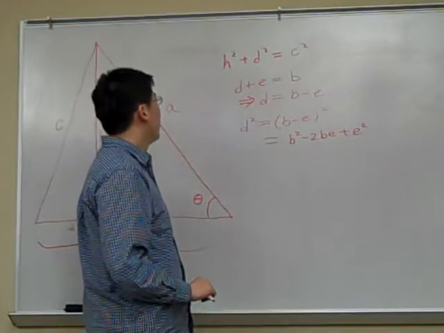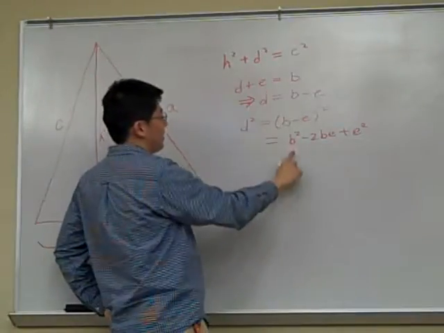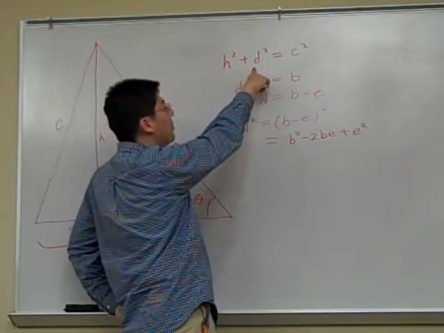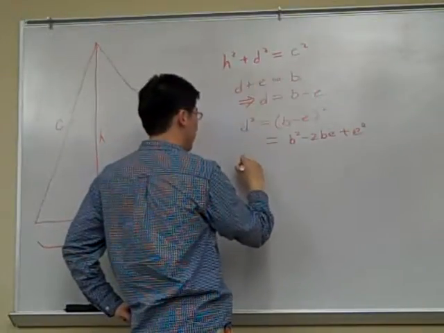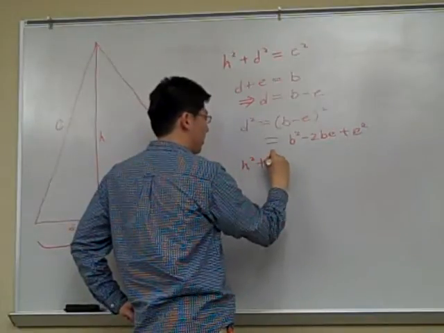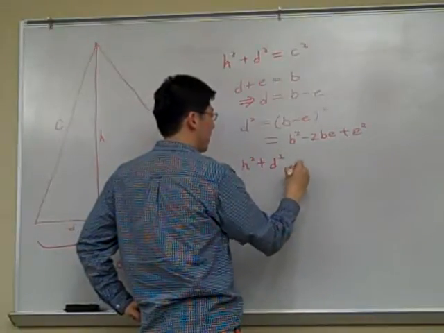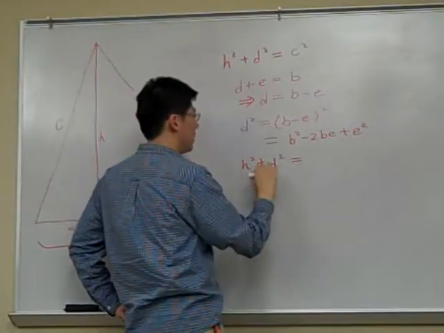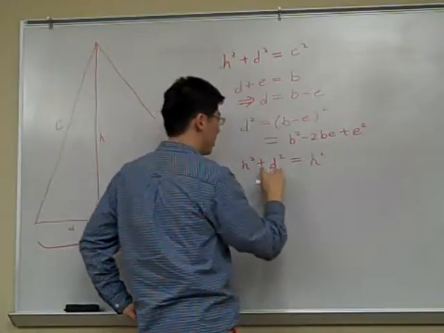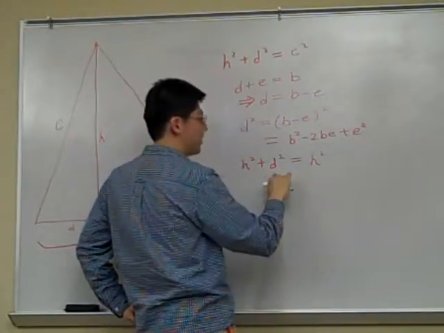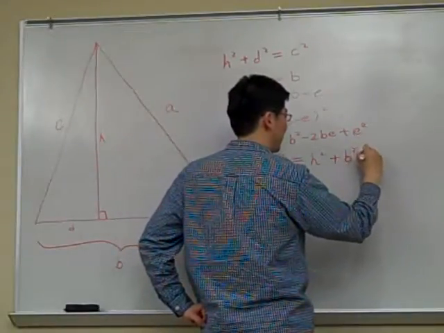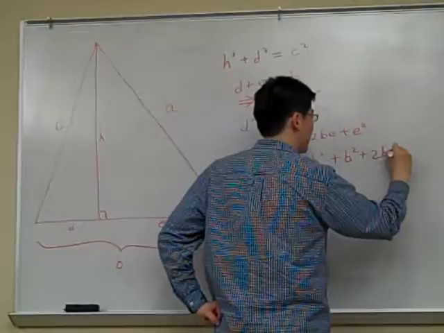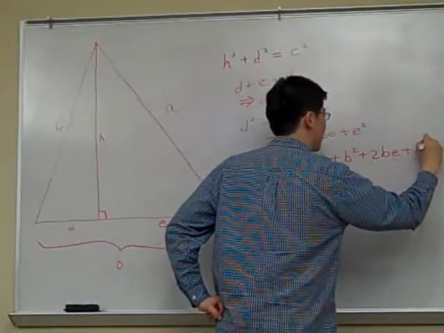Now that we have this for D squared, we can substitute it into the top expression. So instead of H squared plus D squared, we get H squared plus B squared minus 2BE plus E squared.